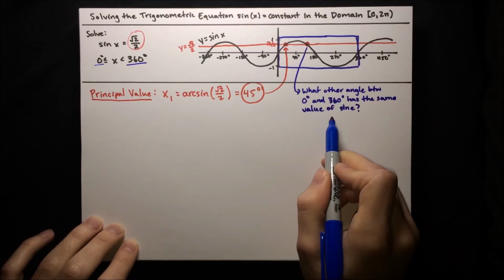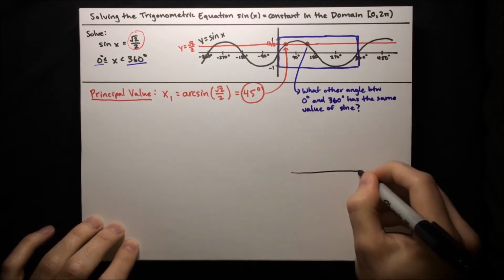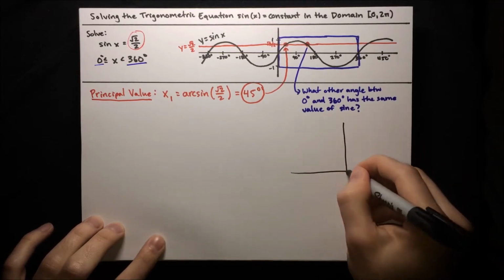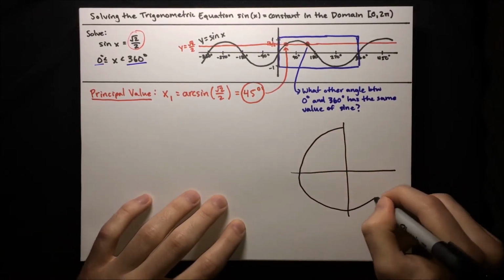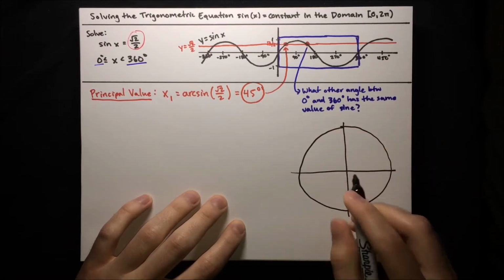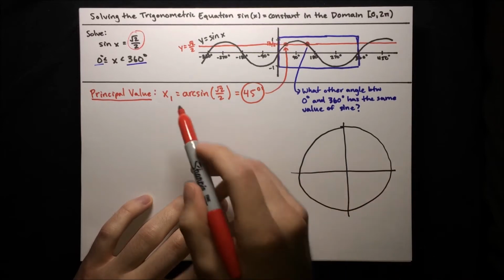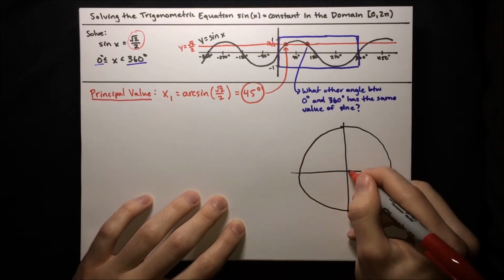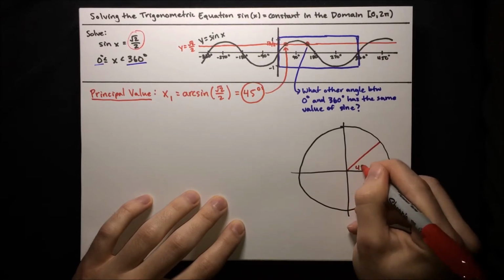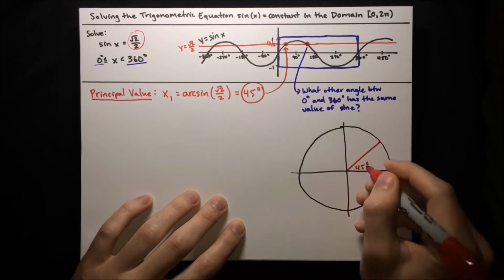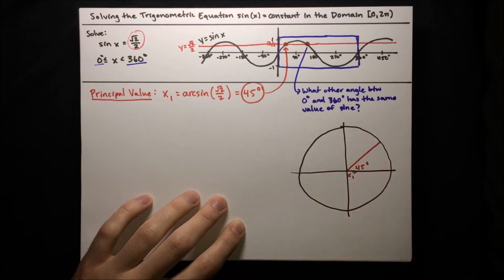And to answer this question, we can turn to the unit circle. So let's draw a little sketch of the unit circle down here. So put some axes, put a circle on those axes, and okay. So we know that our starting angle is 45 degrees. Let's draw that. So 45 degrees right here. That's x1. So let's put x1 equals 45 degrees.